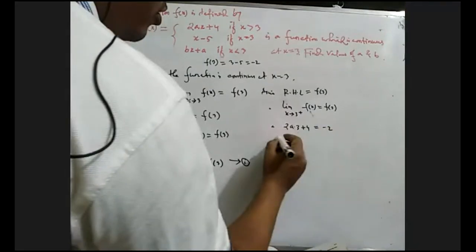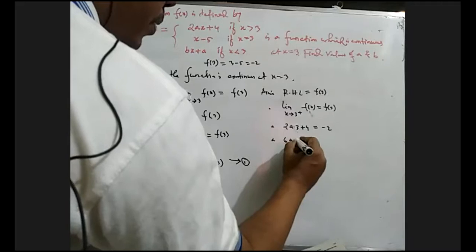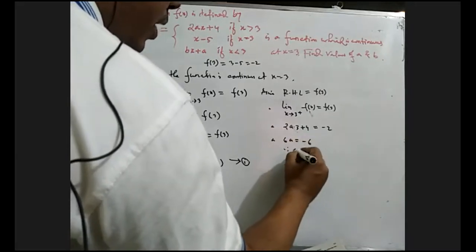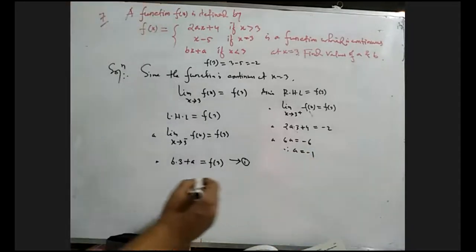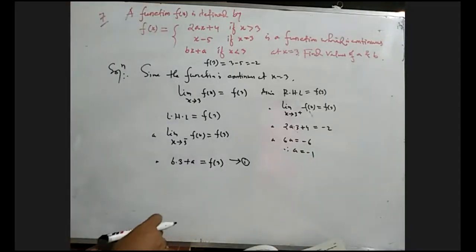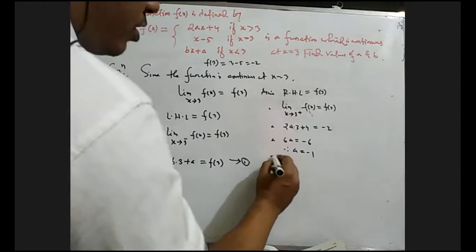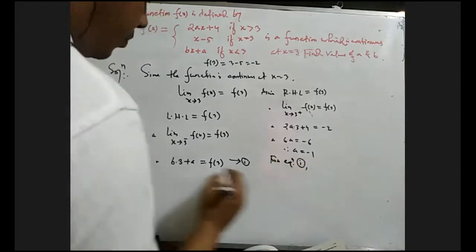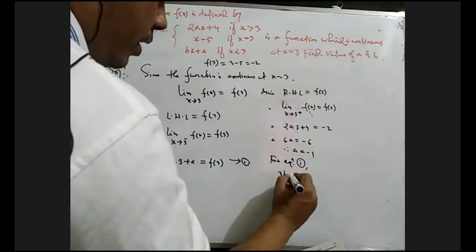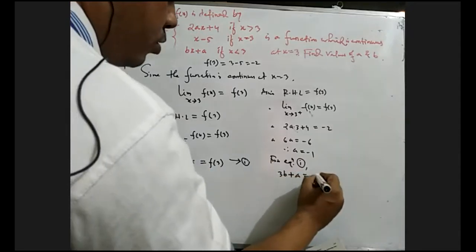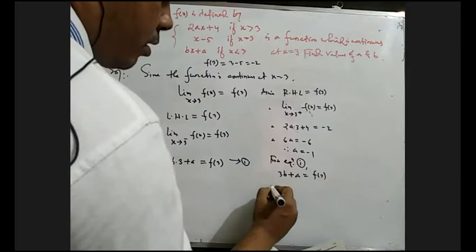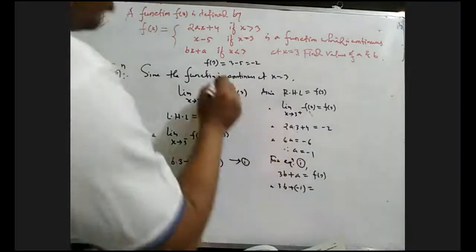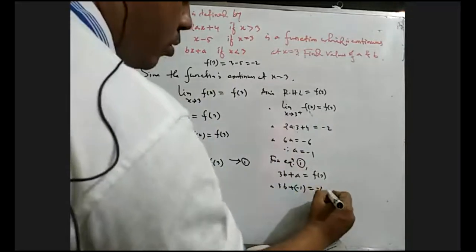Or 6a equals minus 3. Therefore, a equals minus 1. Now from equation 1, 3b plus a equals f of 3, or 3b plus a equals minus 1, and f of 3 equals minus 2.